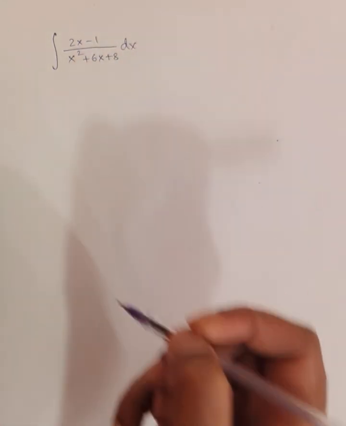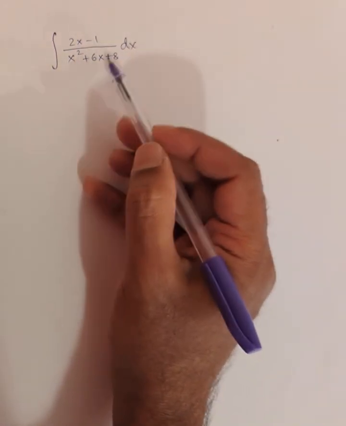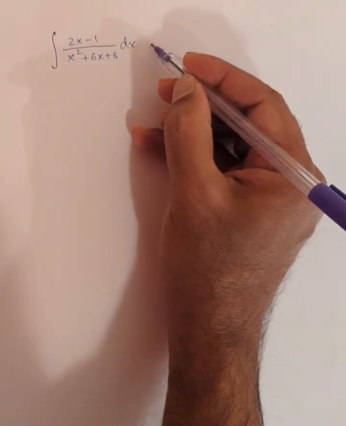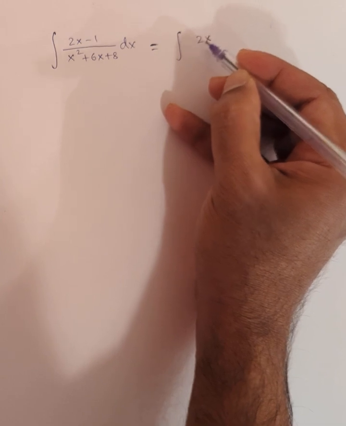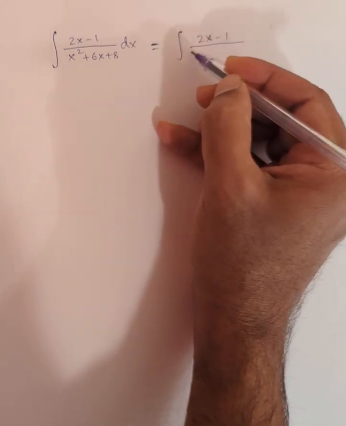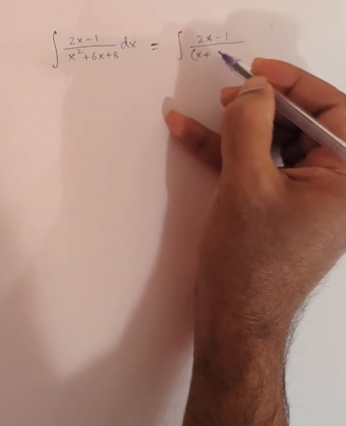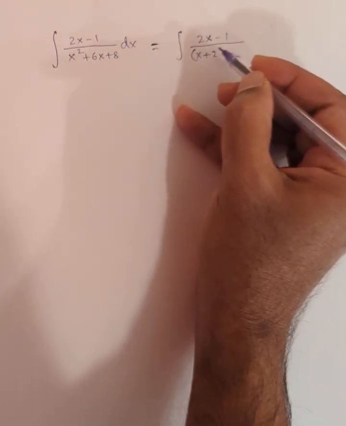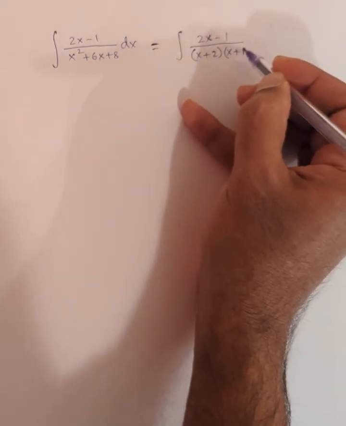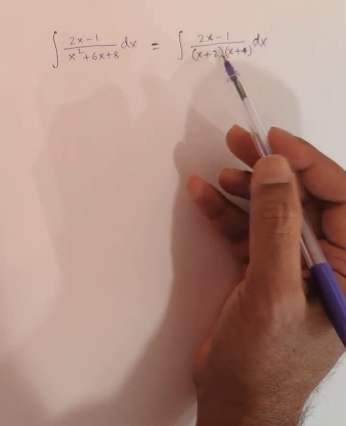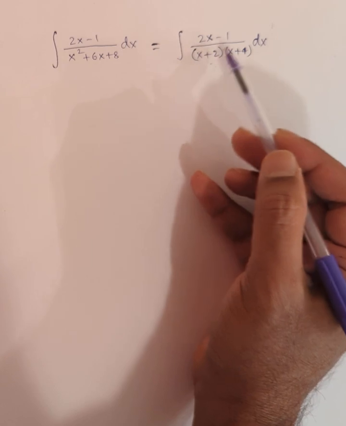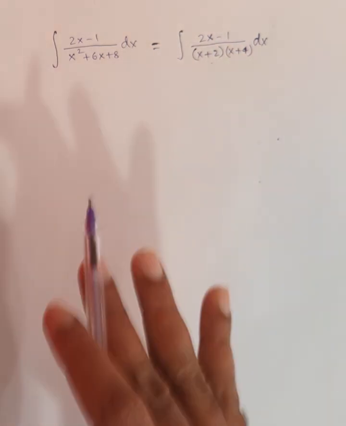If you have this, then notice this quadratic could be factored, and that should be our first step. 2x minus 1 divided by x plus 2, x plus 4. And to integrate this, we'll have to split this into partial fractions, which we will discuss in a separate video.